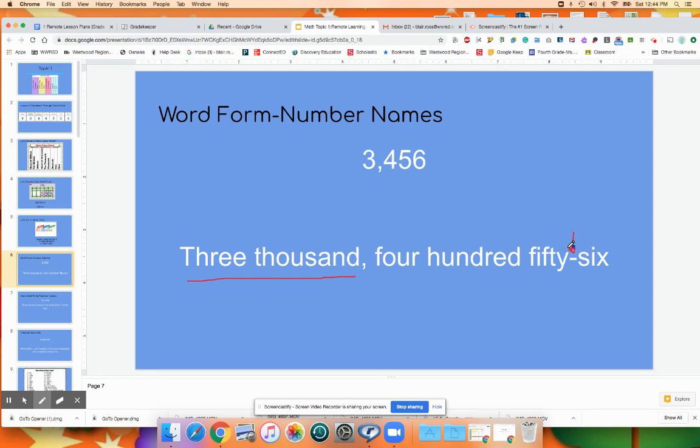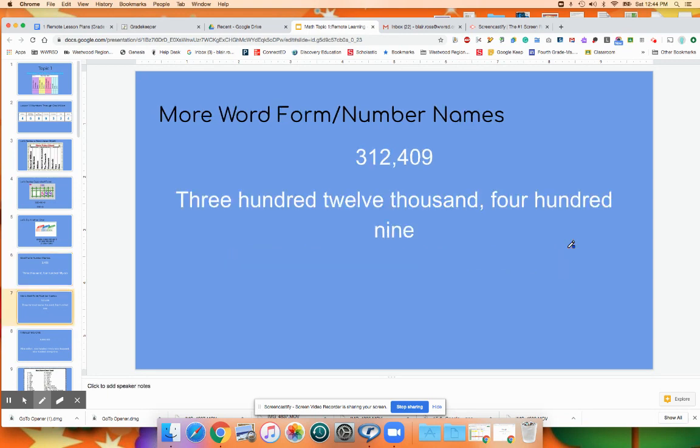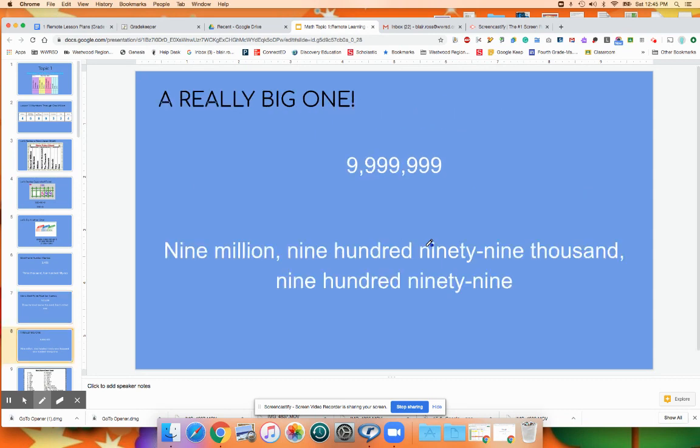Let's try another one. All right, this is a big one. 312,409. So 312,000. Notice where my comma is. 409. All right, let's try a more challenging one. Woo, it's a really big one.